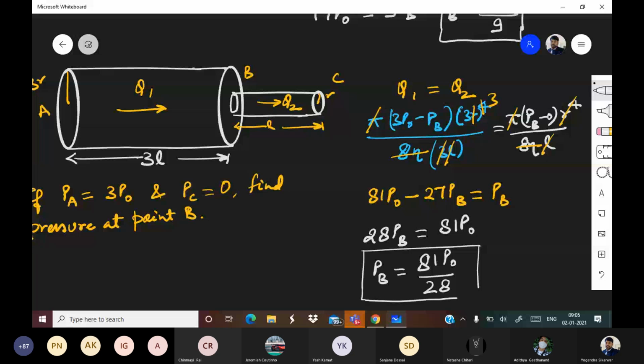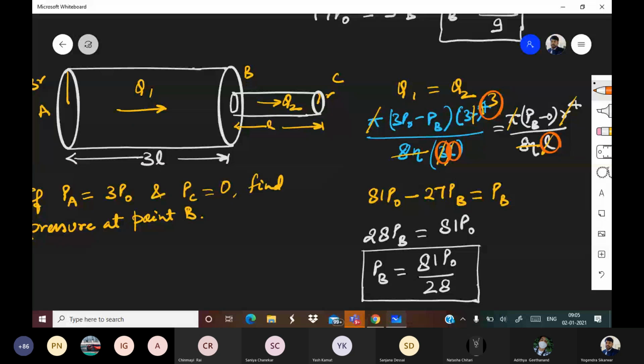Excuse me, sir. How is the 3L cancelled? Only L should be cancelled, no? It's a good question. Listen carefully. Let me use a different color so that you can realize. One L and this L are getting cancelled, right? I have circled those L's. And this 3 is cancelling with the 3 to the power 4.